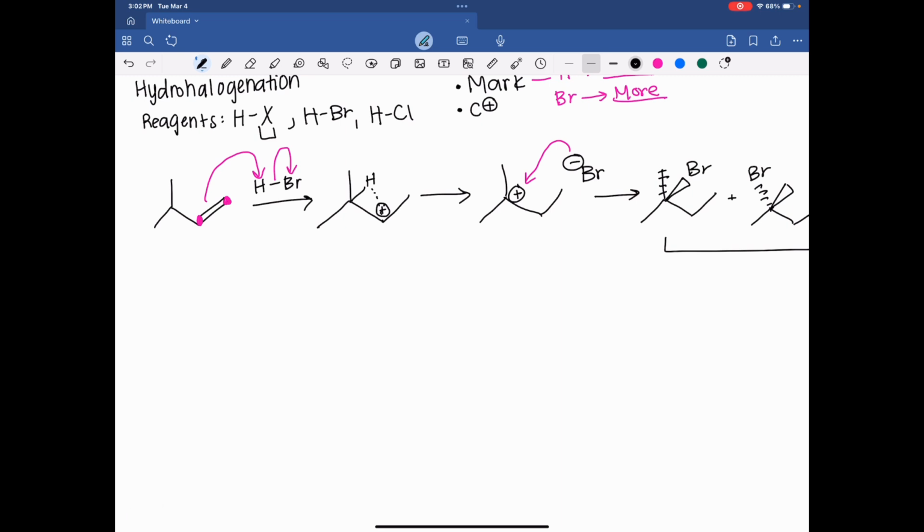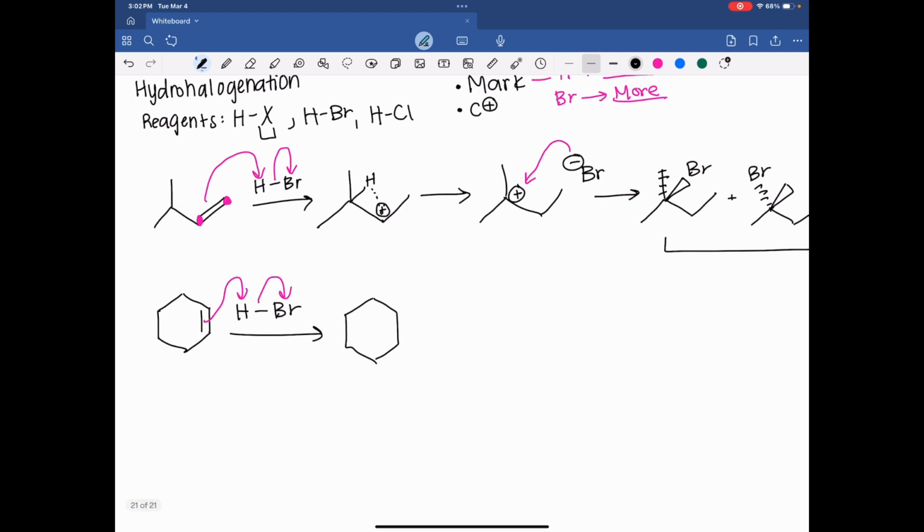Okay, so let's do that one with one more molecule really quick. So let's do it with this ring. So we're going to do HBr. At this point, it doesn't matter which side our hydrogen gets added to because both sides are equal.